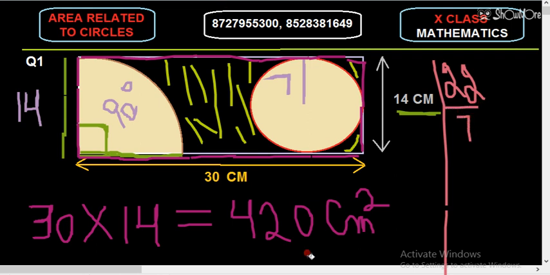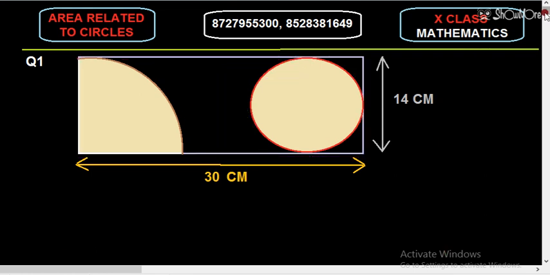Okay, let me erase this. You can note down up to this point. I will do it on a new sheet. 420 centimeter square is the area of the rectangle. Now let me take you to a new sheet so that we can complete the question.